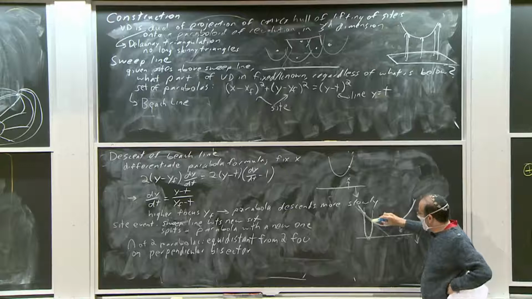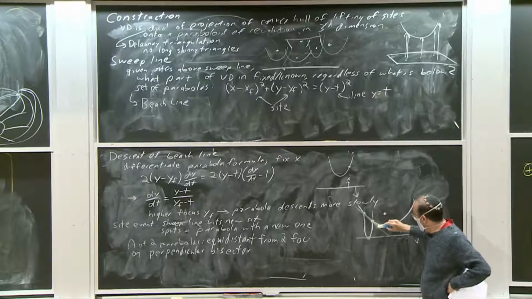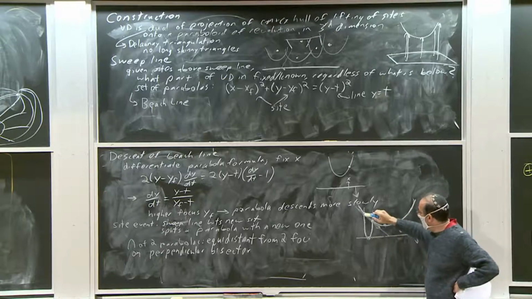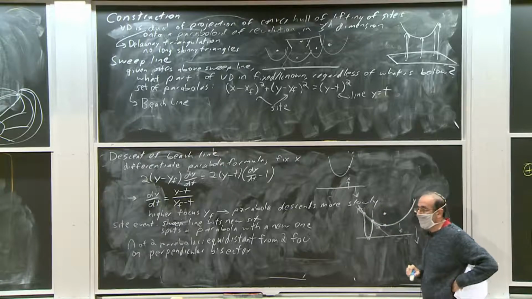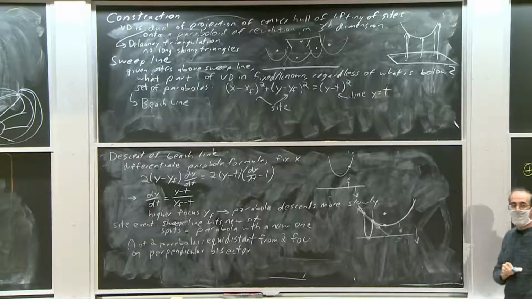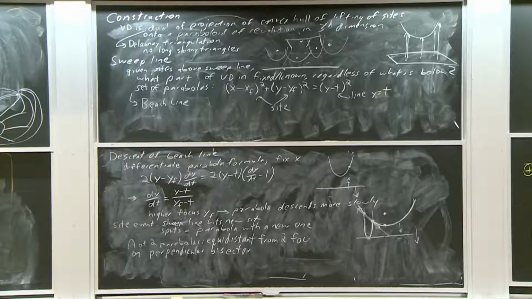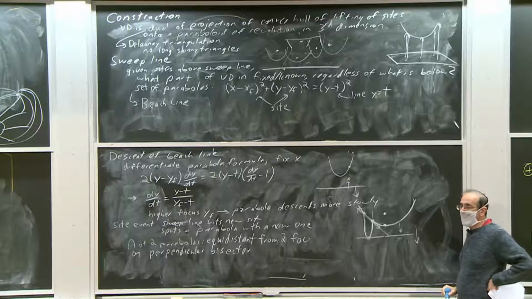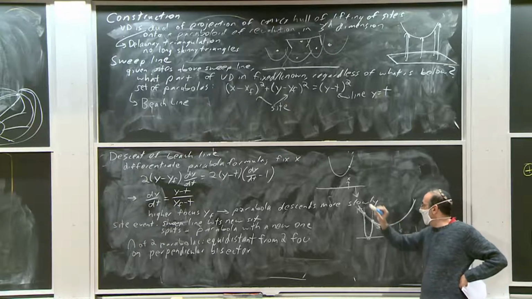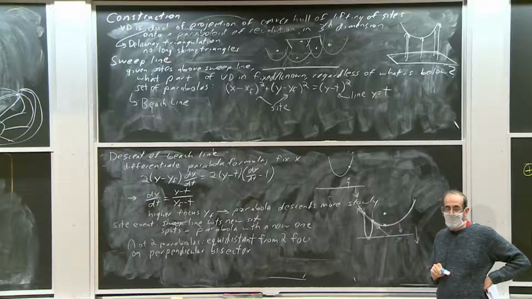One of these intersection points is going to go down, but the other intersection point is actually going to go up as you trace out the perpendicular bisector. So even though the sweep line is going down, the part of the perpendicular bisector that you're tracing is going to go up.